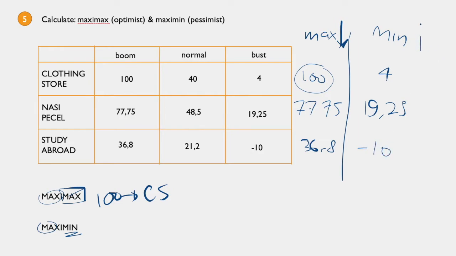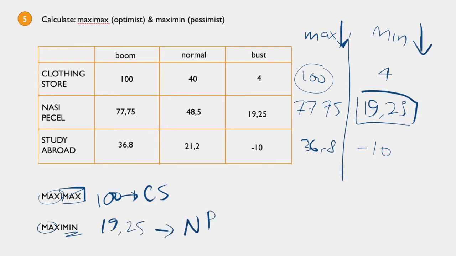So from these minimum payoffs, we choose the highest one, the maximum one, because we want to maximize the minimum. So we choose 19.25, which is nasi pecel. So for maximax criterion, we choose clothing store if we are optimist, and if we are pessimist, we choose nasi pecel.